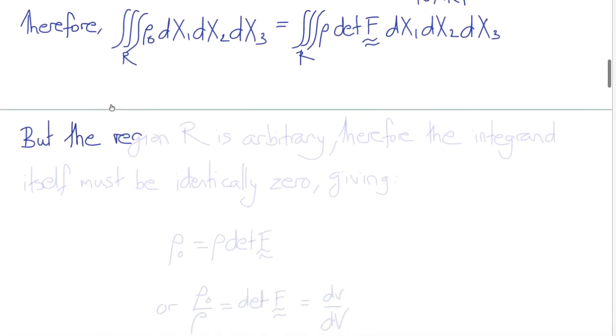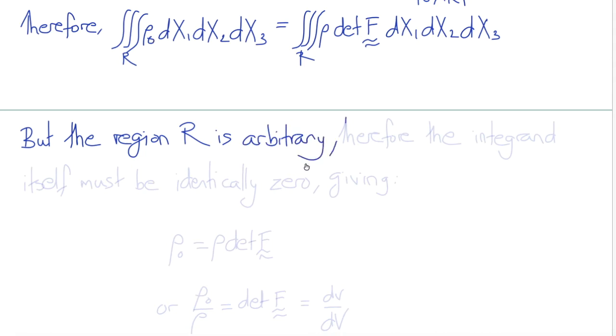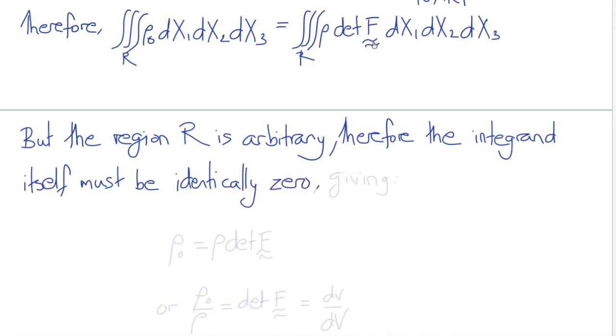But here we observe that the region R is completely arbitrary. We could choose any and every region R, and this must still be valid. Therefore, the integrand itself must identically be satisfied, or the difference must be identically zero, which would therefore give us that rho naught must equal rho times the determinant of F.